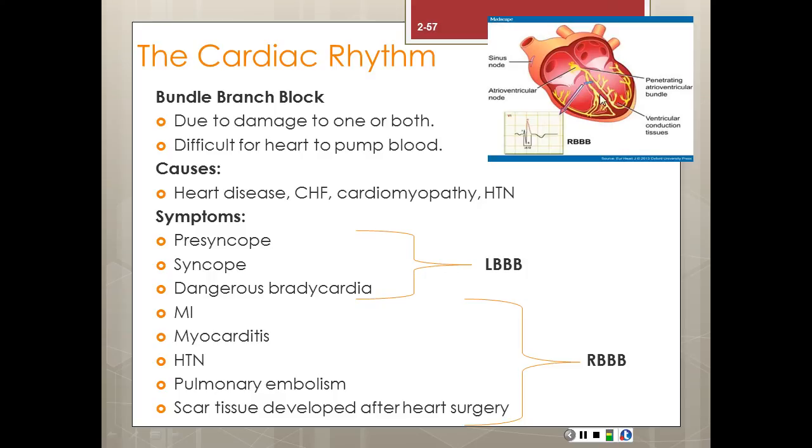Either one will be blocked, or both will be blocked, which is not good. So what causes it? We have heart disease, congestive heart failure, cardiomyopathy and hypertension. HTN is hypertension, for those that did not know.